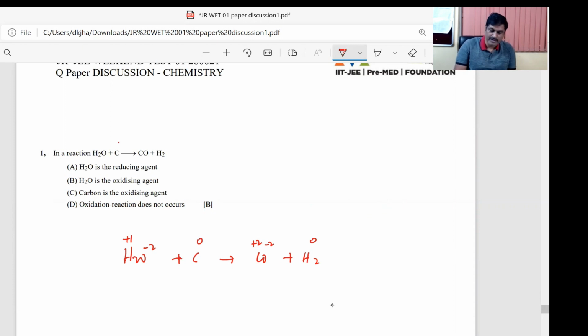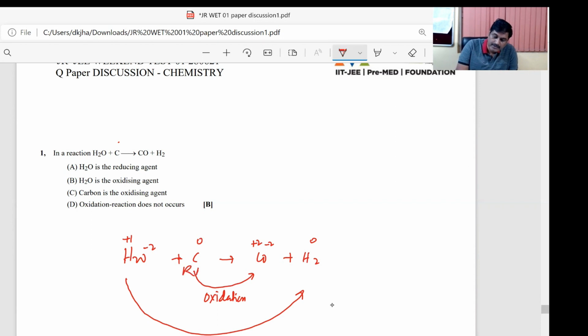Very simple, very clear. For carbon, 0 to plus 2 is an increase, oxidation. For hydrogen, plus 1 to 0 is a decrease, reduction. As carbon undergoes oxidation, it is acting as the reducing agent, and H2O is acting as the oxidizing agent.